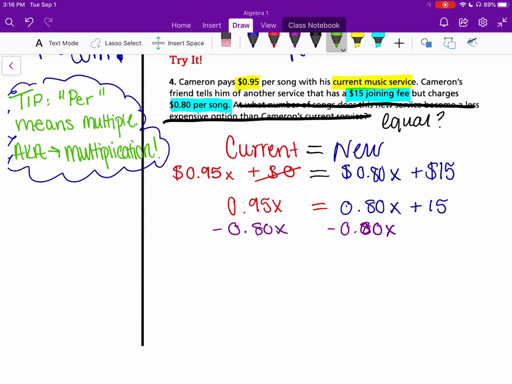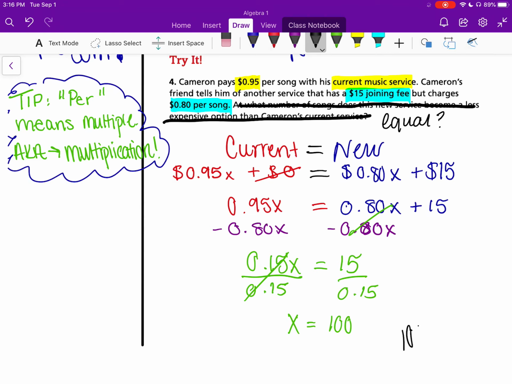That leaves me with 0.15x equals 15. I can undo this operation by dividing by 0.15. And if I use my calculator, 15 divided by 0.15 is 100.